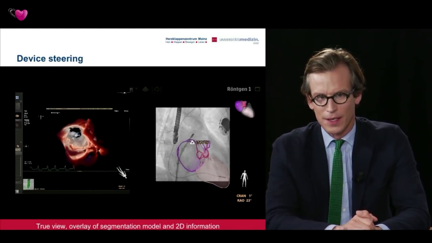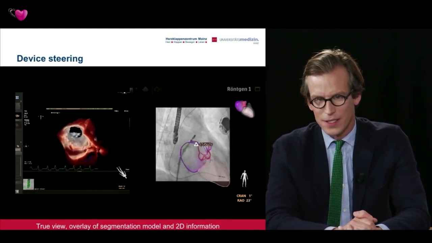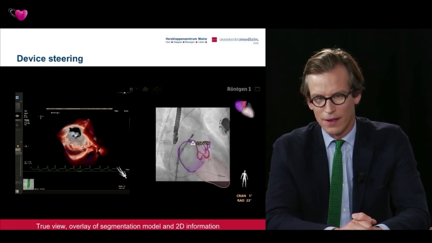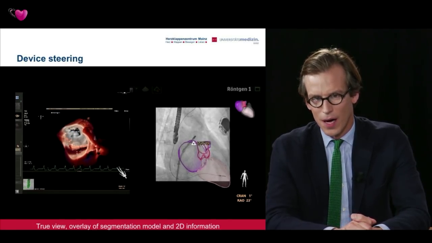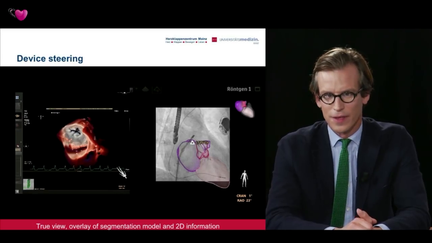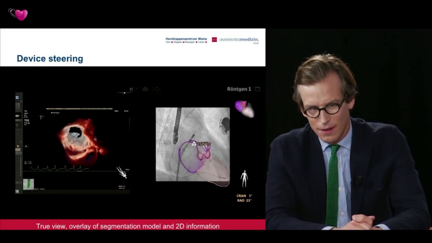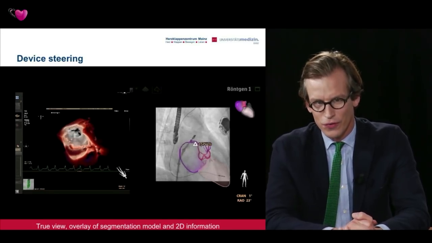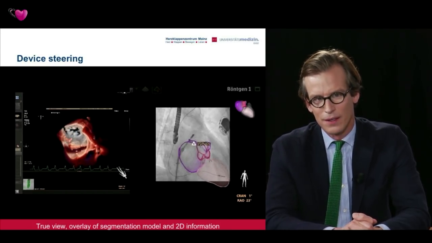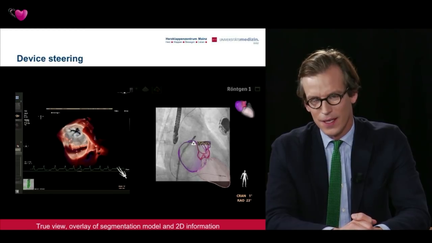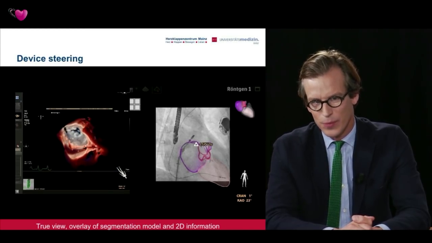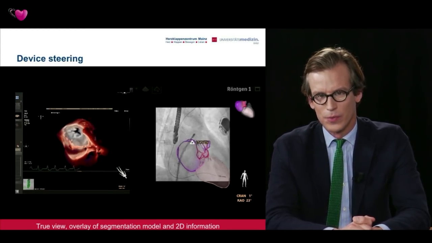Is it running again? Exactly. You see a MitraClip device in the left atrium, and you see the marker on the right panel. It says left upper pulmonary vein. And as you can control in the true view image on the left panel, the MitraClip is actually sitting behind the ridge in the left upper pulmonary vein.